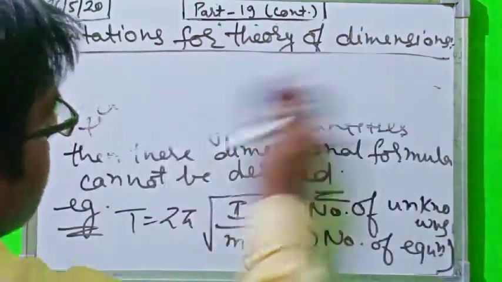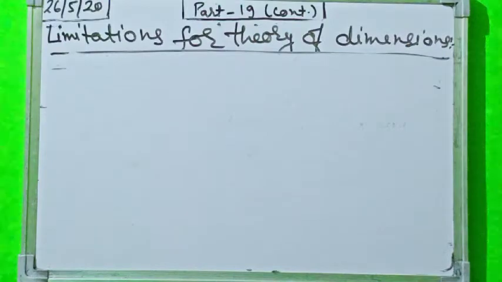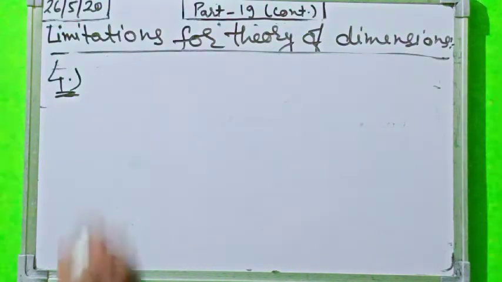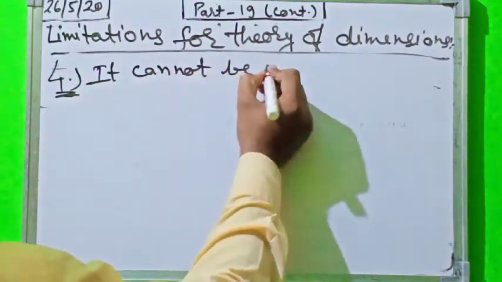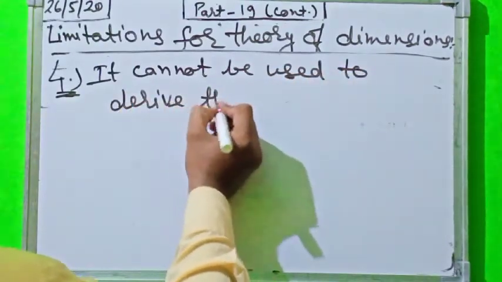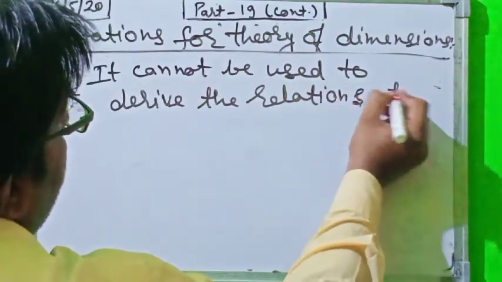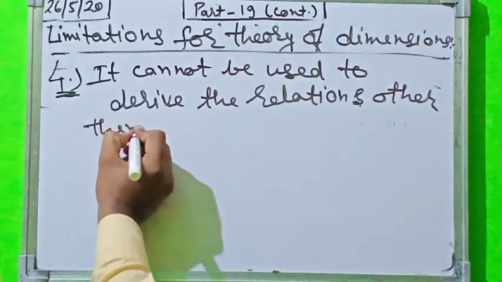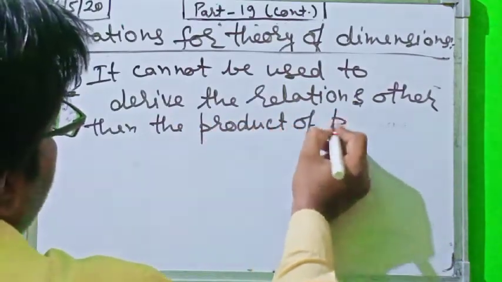Fourth one is that the method of dimension cannot be used to derive relations other than the product of powers.